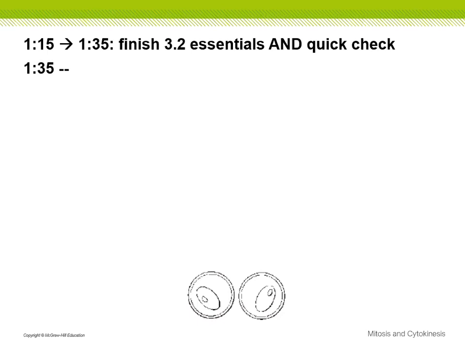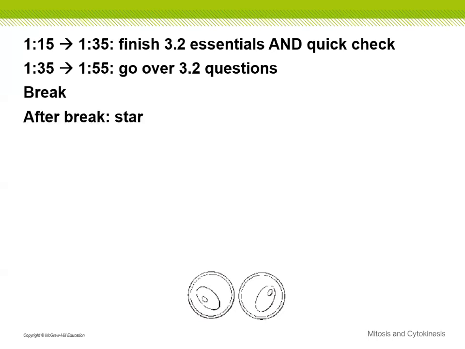At 135-ish to, I don't know exactly how long, probably like 155 to however long it takes, we'll go over 3.2 questions. We'll have the break. And then after the break, we're going to try and get through 3.3. Maybe we won't. I don't know. We'll see. But that's just kind of what's happening. So for the next 20 minutes, not a lot of time, I know, finish out that essentials and the quick check. There are two separate things there.